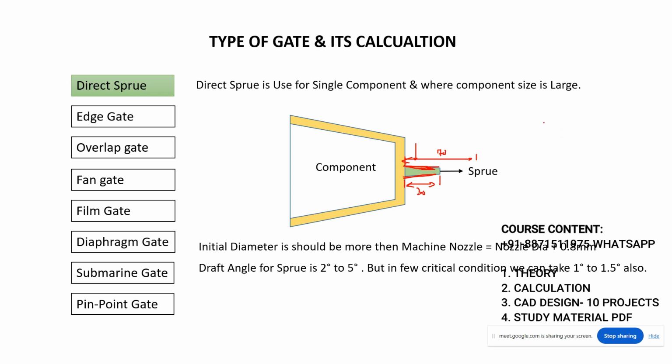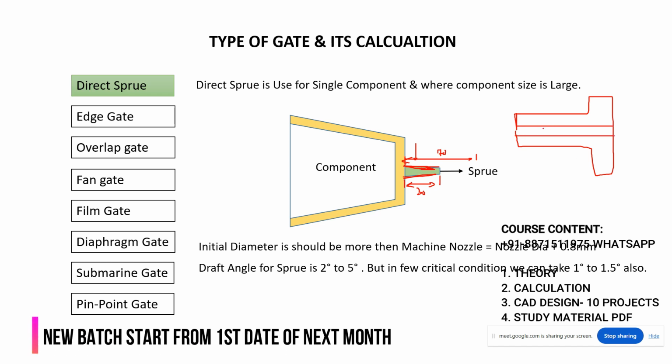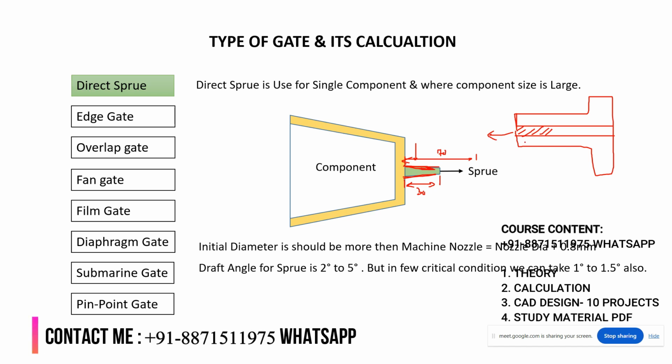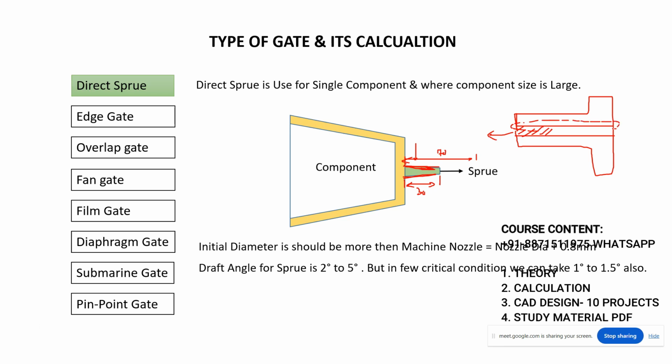For example, this is the sprue bush, and if you are giving the sprue like 90 degrees, just for an example, what will happen if you remove this sprue from this direction? There will be friction between these two surfaces, the plastic and the metal, right?